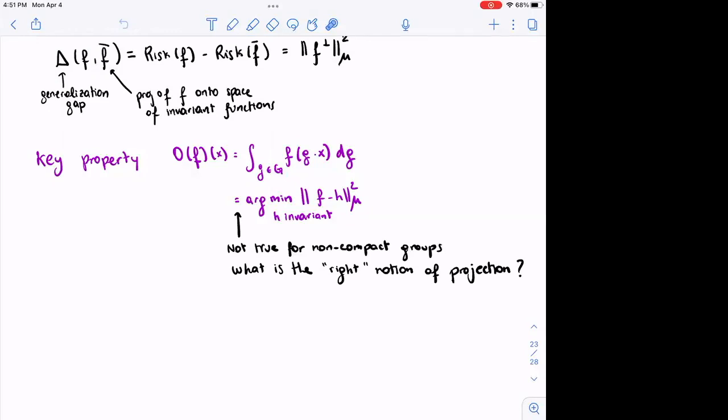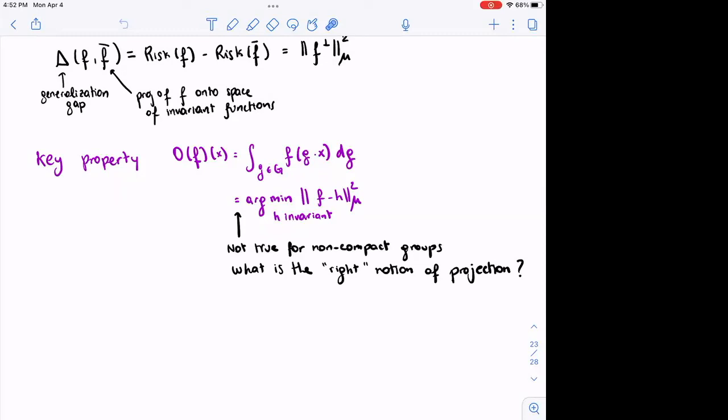And if the measure mu where you sample your data is invariant, then you can show that this averaging over the group is equal to the orthogonal projection onto the invariant space using the L2 of the measure that you sample from. So this is true in the compact group case, assuming that mu is invariant with respect to group action. But this is not true for non-compact groups.